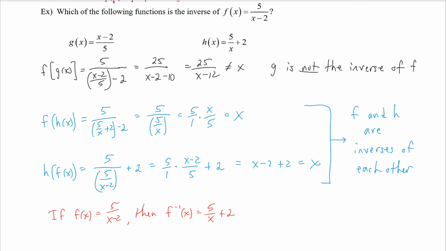Now let's say you're wondering, what about h? Why not use h? You could say if h is 5 over x plus 2, then its inverse, h with a little -1, is x minus 2. You could do the same thing.